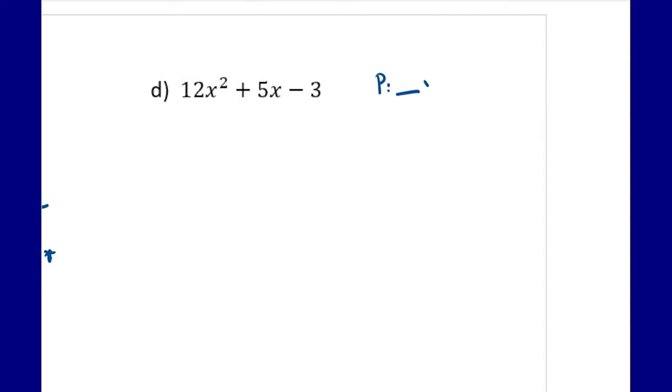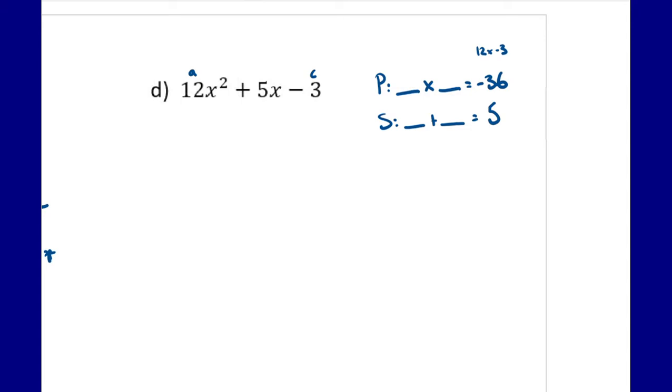Two numbers that multiply to give us the product of a times c, or 12 times negative 3, which is negative 36, and they add to give us the middle number, which is 5. So two numbers that multiply to negative 36 but add to 5.